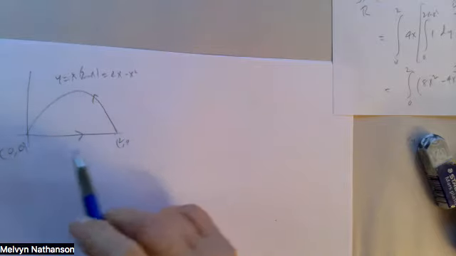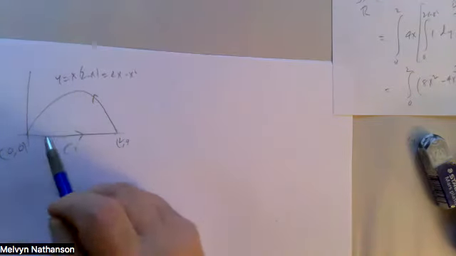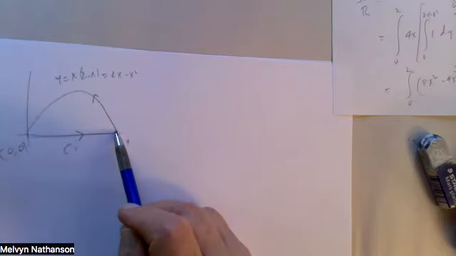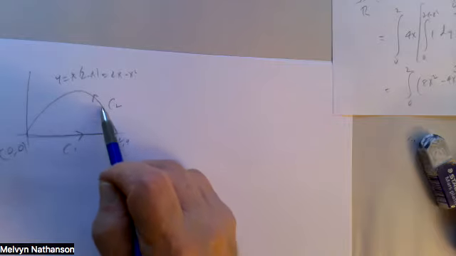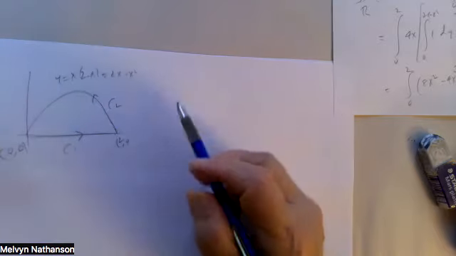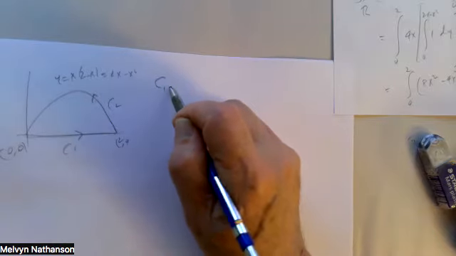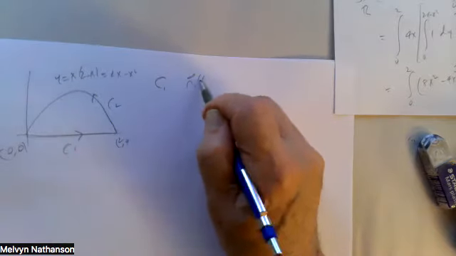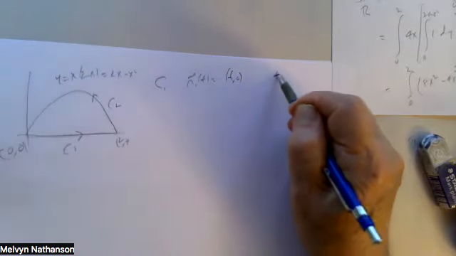I'm going to write this curve as two pieces. C1 will be this going horizontally from left to right, and C2 will be going back along the curve like this. If we parameterize these curves, C1 is R1 of t equal to t comma 0, t goes from 0 to 2.